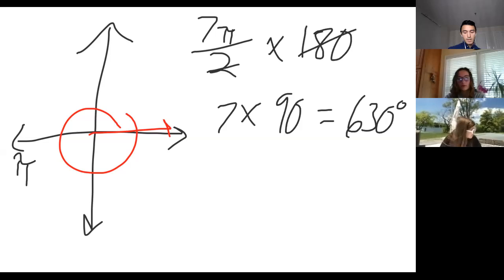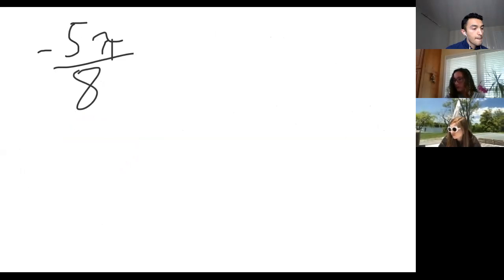Sweet. And then if you do a negative one, let's do negative 5 pi over 8. Same thing, the negative is just going to stay with you. This is less than 1, right? Because it's 5/8.